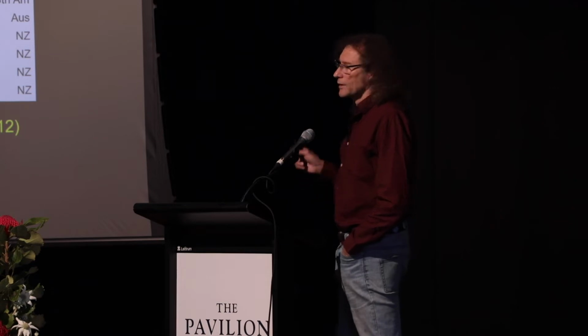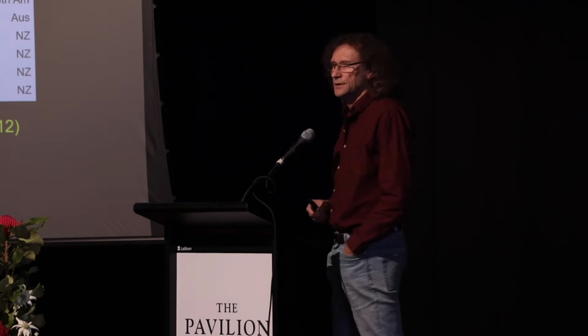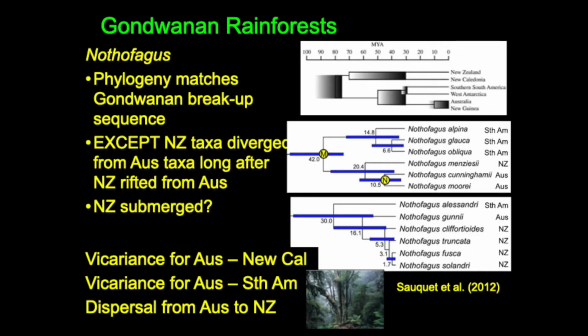So if we go along with that and follow vicariance, then the Australian Nothofagus should have closer relatives in South America than they do in New Zealand. And to some degree, we do see that, but every now and then there's an anomaly.